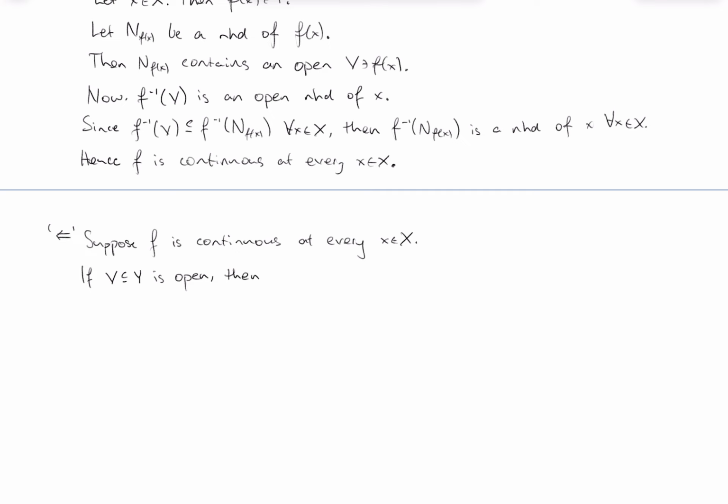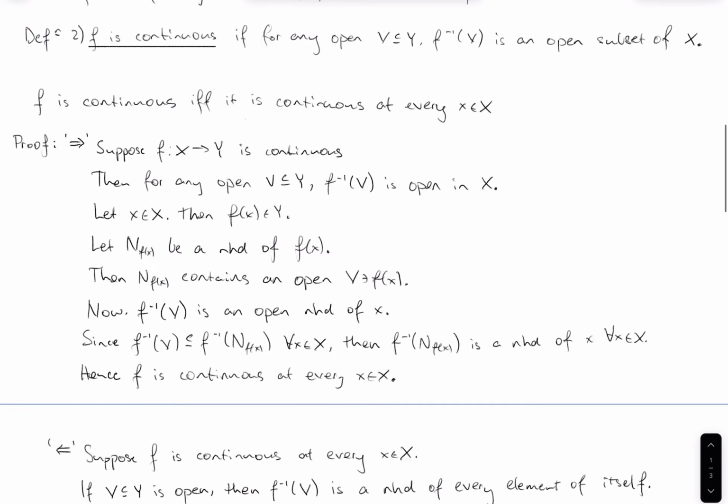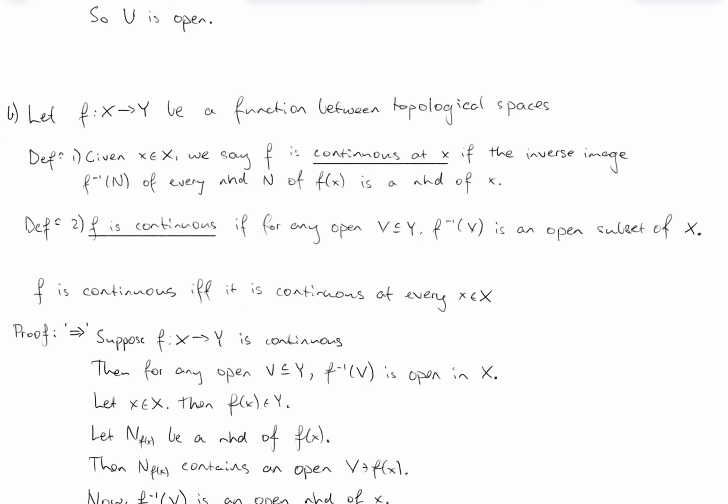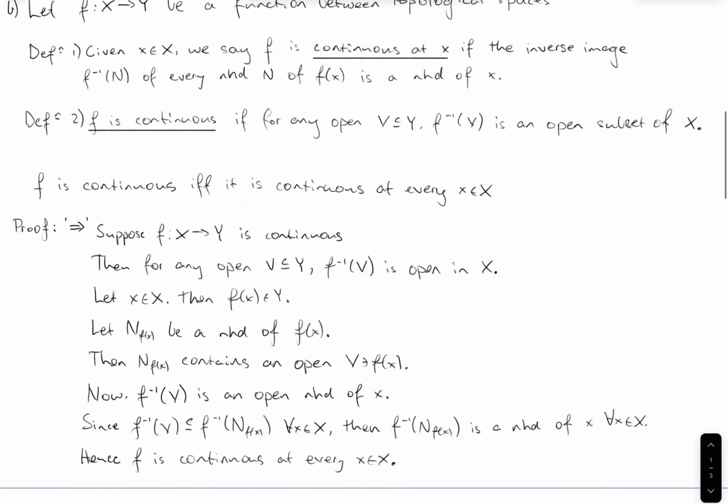Then the preimage is a neighborhood of every element of itself. This comes straight from the definition of continuity at a point x. It's a neighborhood of every point of itself.